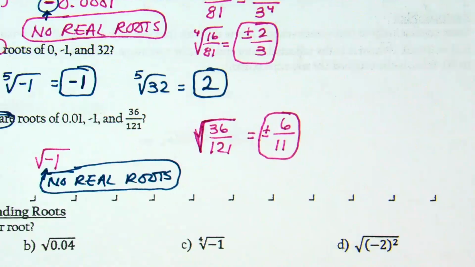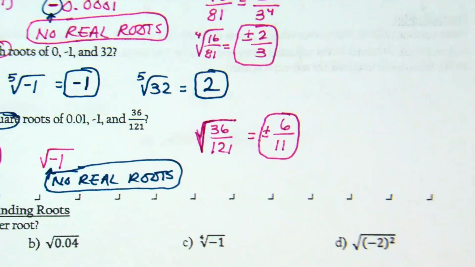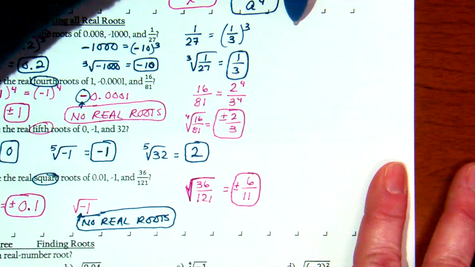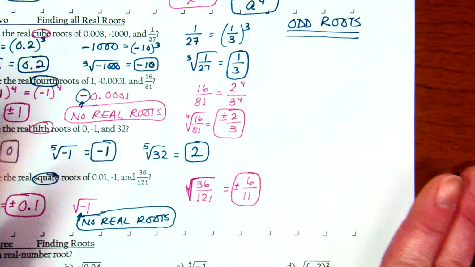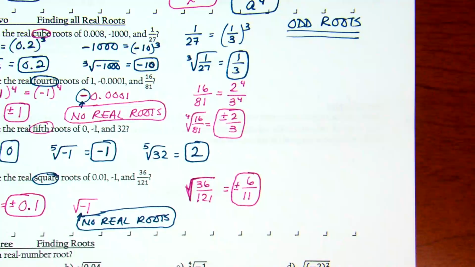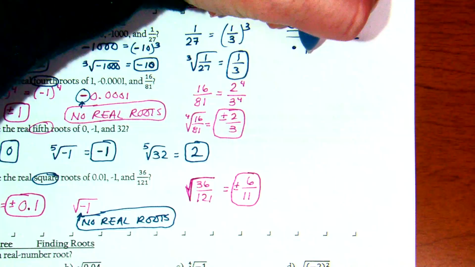When we have odd roots, I'm going to write this off to the right here. When I say odd roots, I'm talking like 3rd roots, 5th roots, 7th roots, 9th roots, right? All those technically exist, although we don't usually go above 5th roots. How many solutions are there every time we do odd roots? When we did 3rd roots, 5th roots, how many solutions were there? There's always one solution, yes? So there's always going to be one real root.